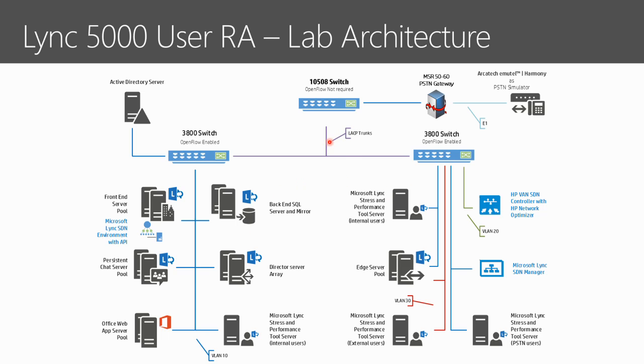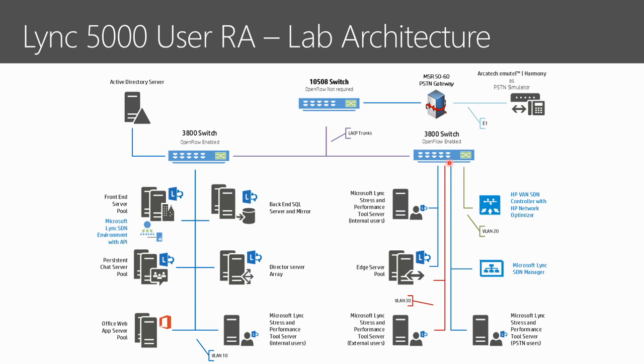When we put the SDN infrastructure in place, we tied these 2 switches together using LACP trunks. So the LACP trunk that you see here on the left has VLAN 20, which goes over as control for this 3800 switch, as well as VLAN 10, which is what all of the servers and the simulator clients are linked into.